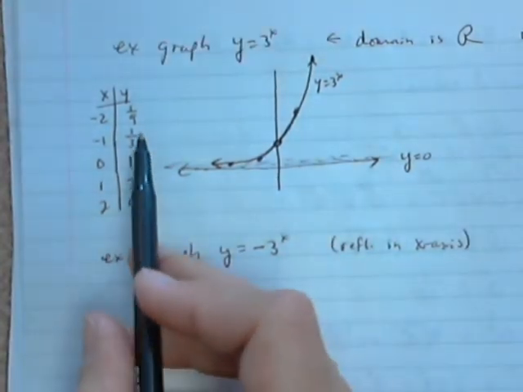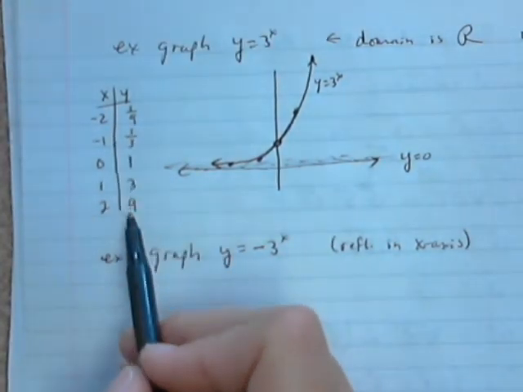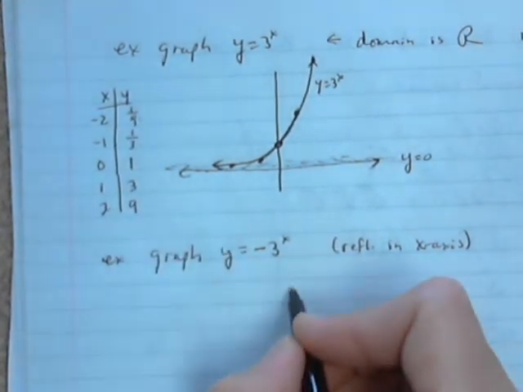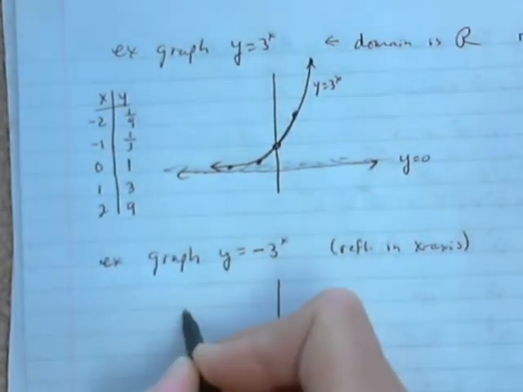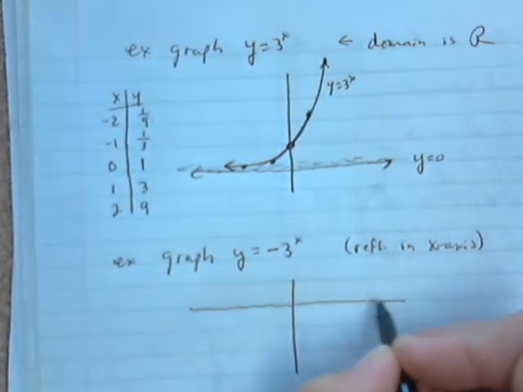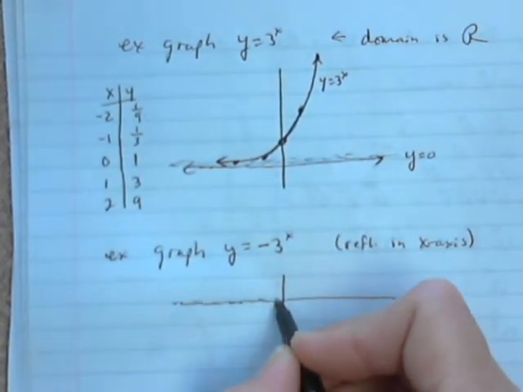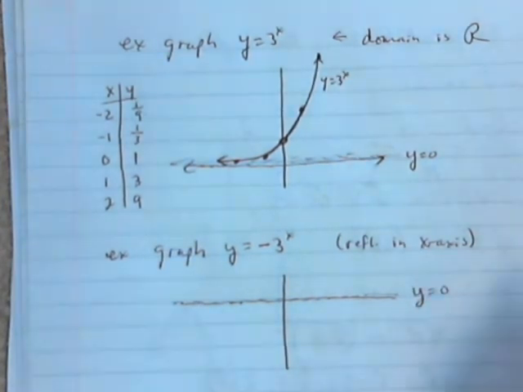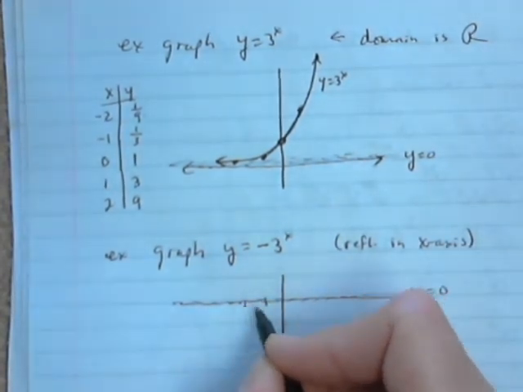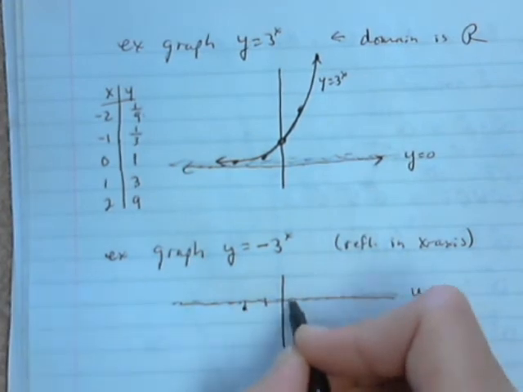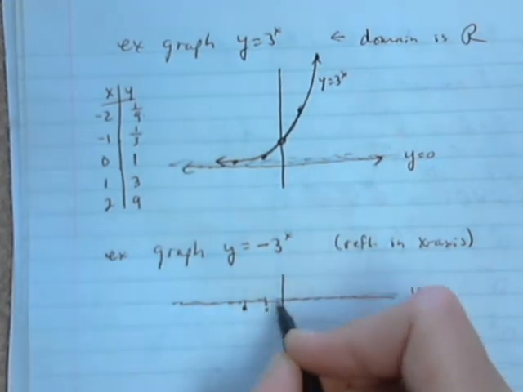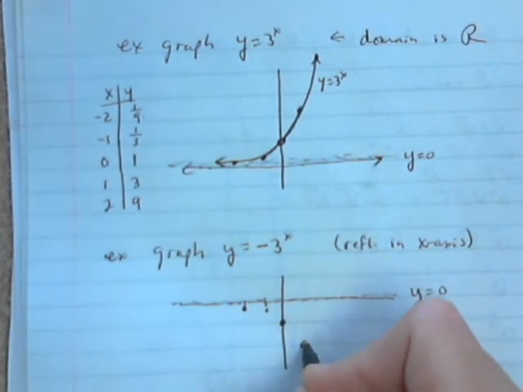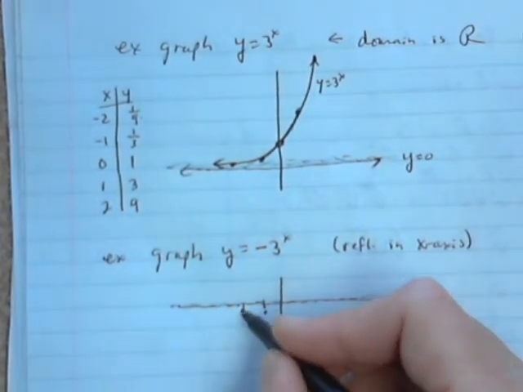So what we do is we take all those y values from our initial table, we make them all negative, and our new graph is a reflection through the line y = 0. And so we have (-2, -1/9), (-1, -1/3), (0, -1), (1, -3), and (2, -9).